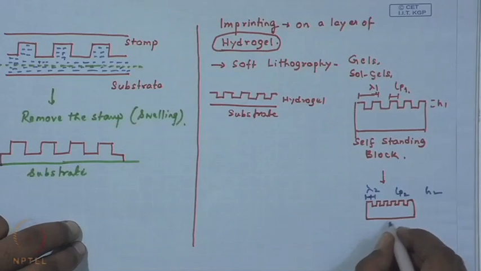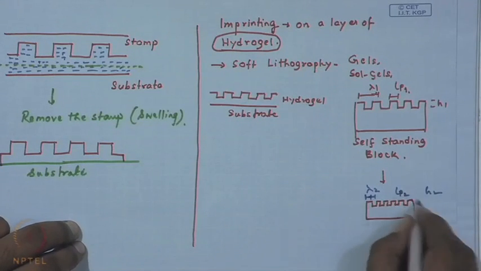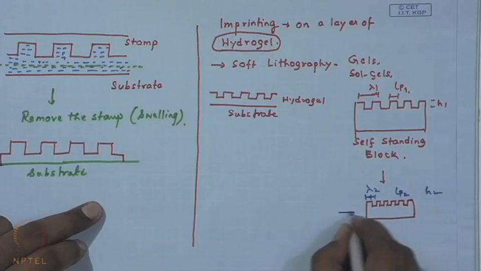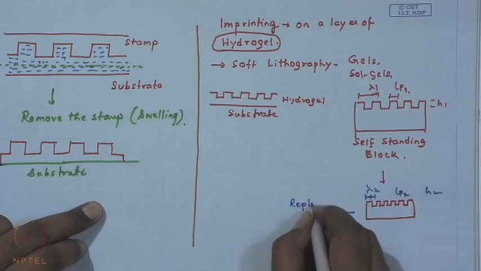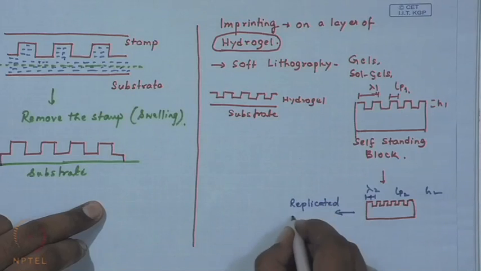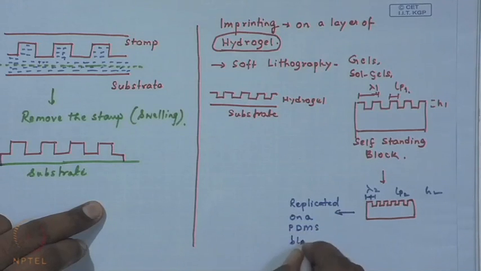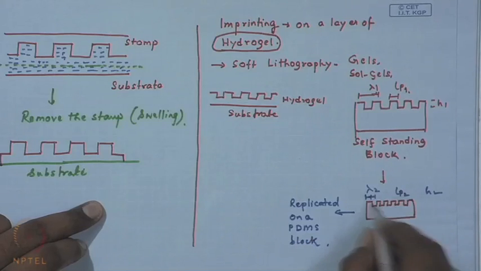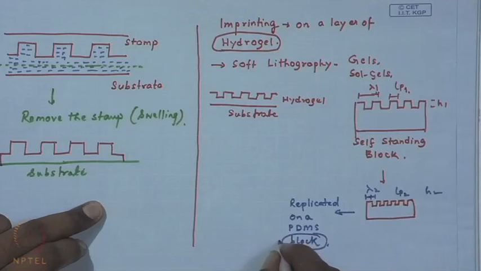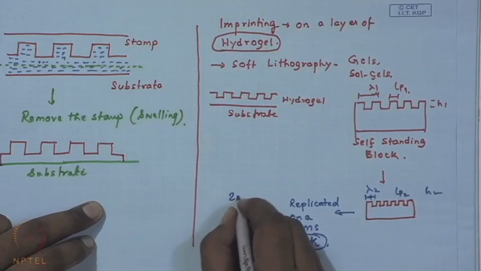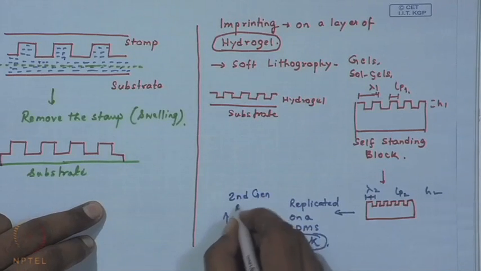Now, not only this, what was subsequently done was this pattern on the hydrogel surface was reproduced, or this was now replicated on a PDMS block. So, you now have a negative replica of this structure on a PDMS block, which now becomes the second generation stamp.